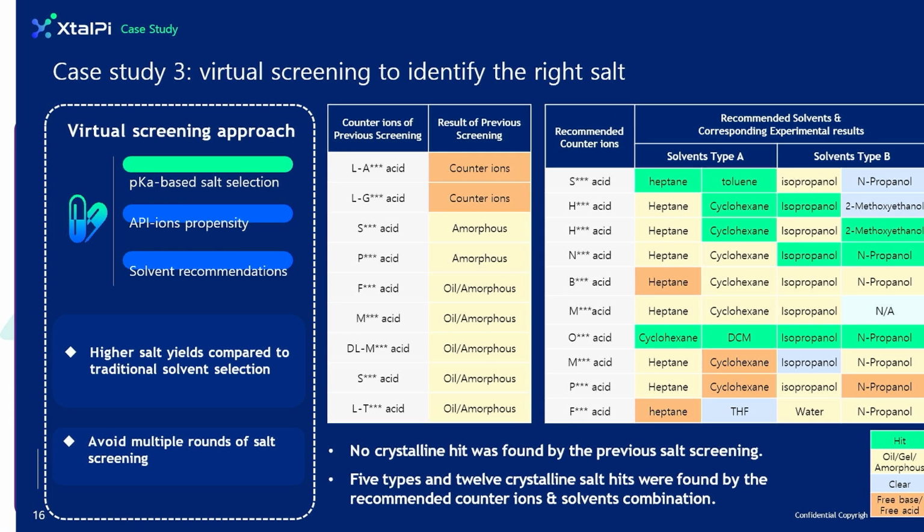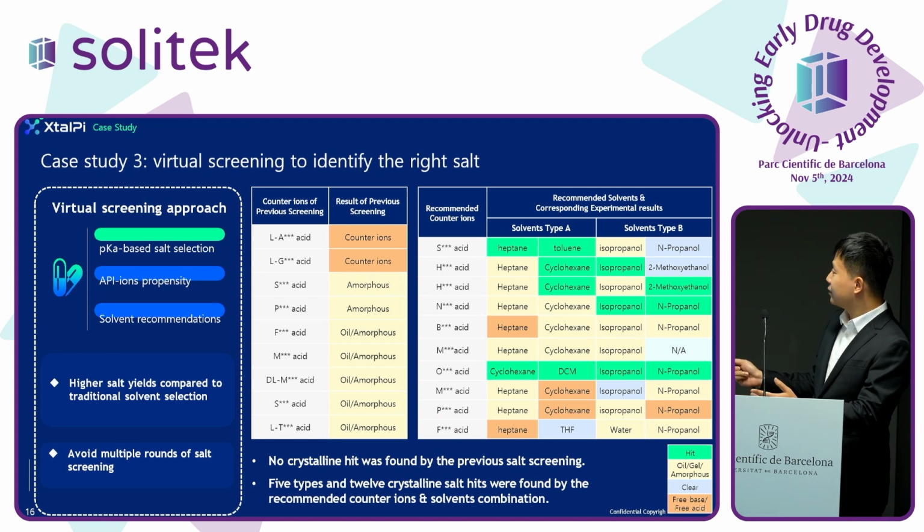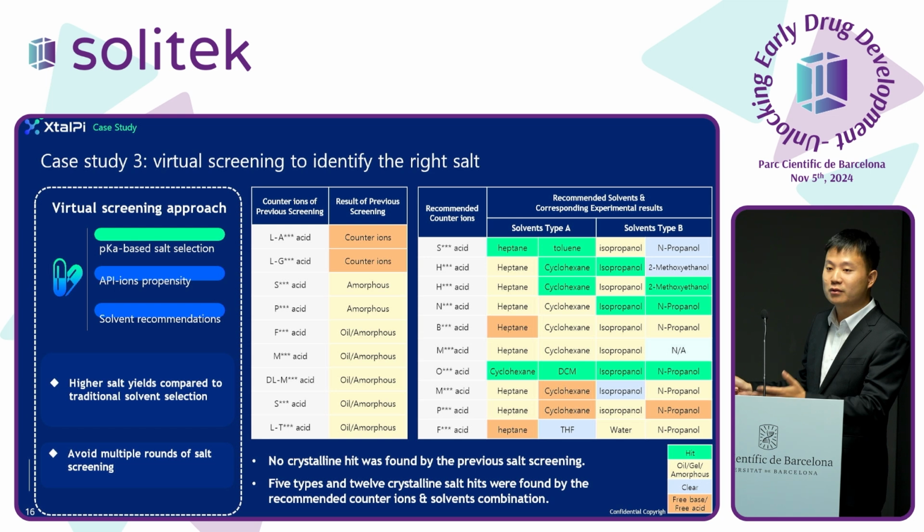And if you notice carefully, we recommend different solvents for different containers, which really can increase your chemical space in doing experiments. Otherwise, if a scientist does the experiment, typically we will try the same solvent for all the containers, right?